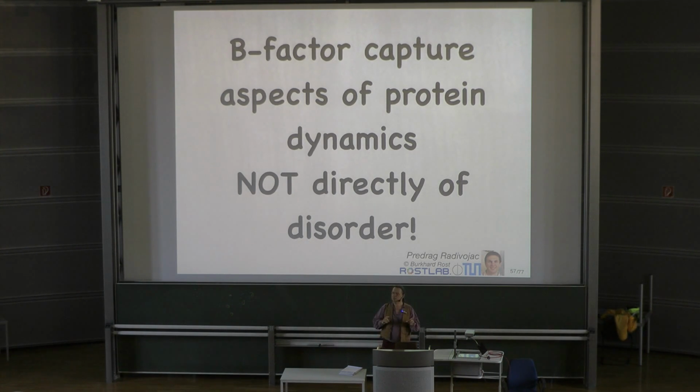We cannot do the following experiment, but if you imagined on this disordered region you could shine light at different time points, then at different time points you would see different structures. While for a regular protein structure, you shoot X-ray beams at two different time points and you always see the same thing. That's why we get the structures. For disordered regions, you don't get structures because they move.